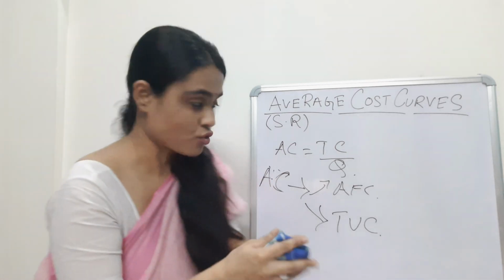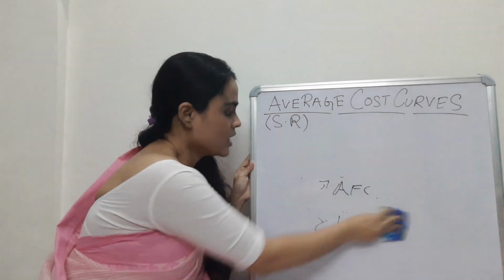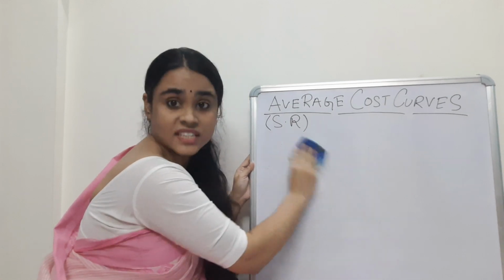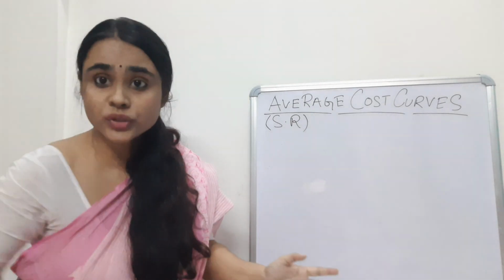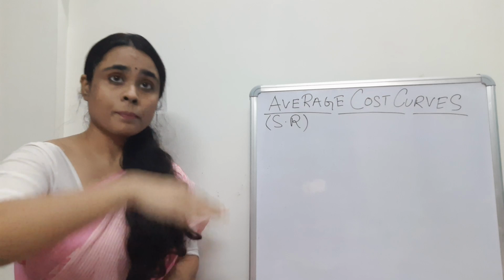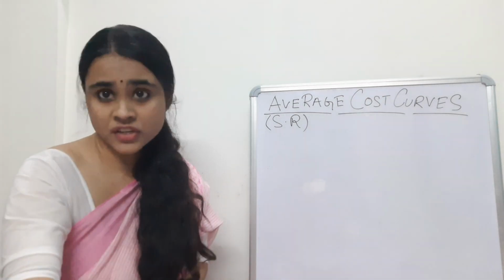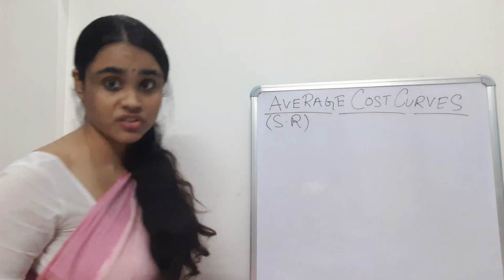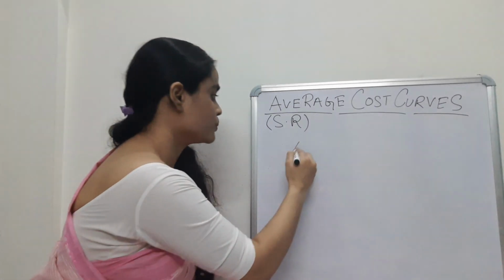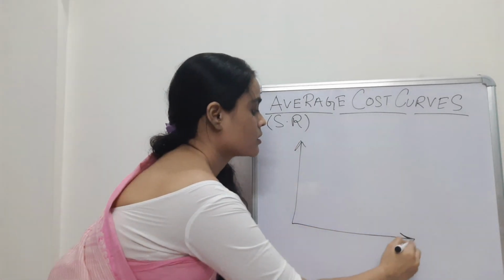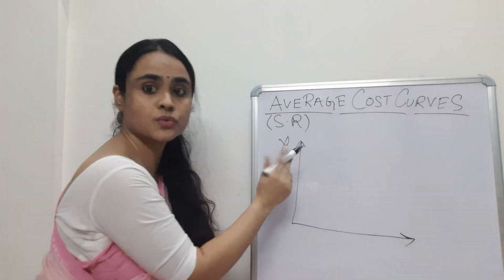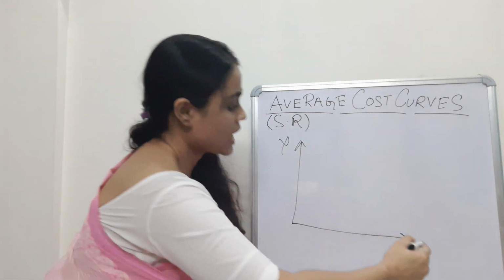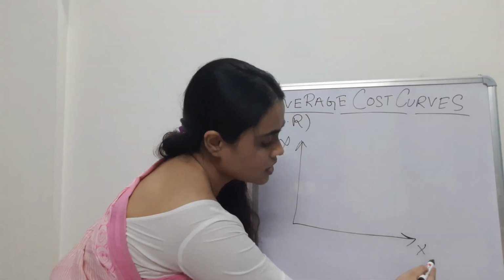So let's draw. The relationship is quite negative, because as the output increases, the average fixed cost decreases. So we get a negative relationship between these two. Here on the y-axis we will measure cost and on the x-axis we will measure output.